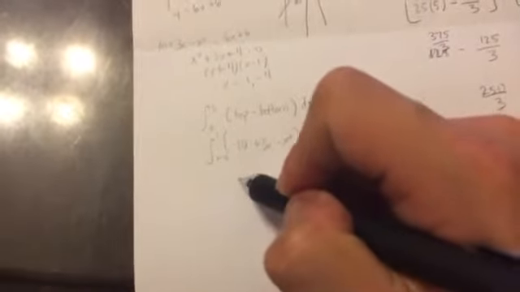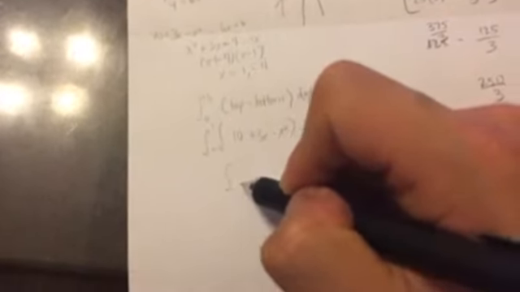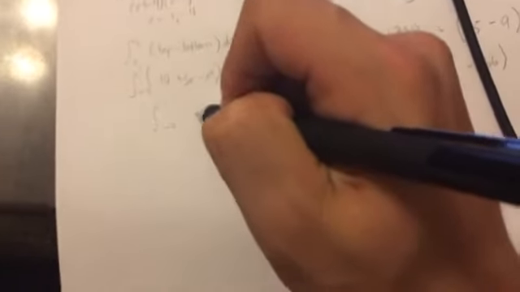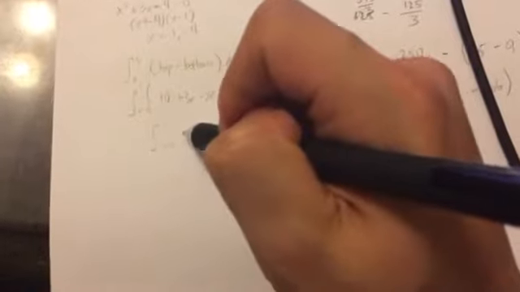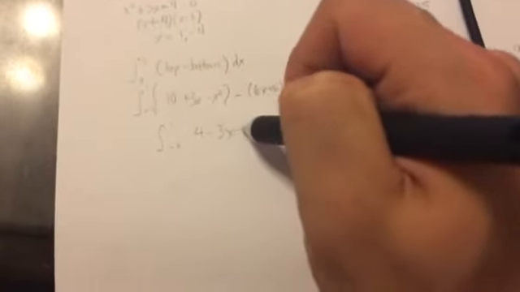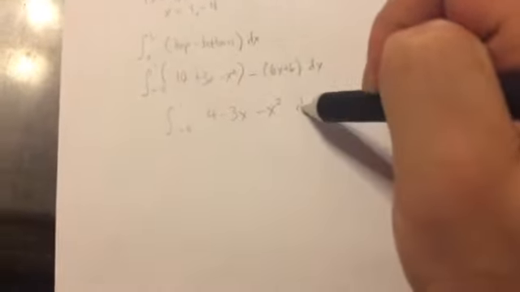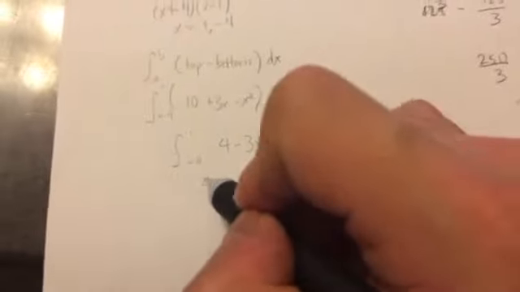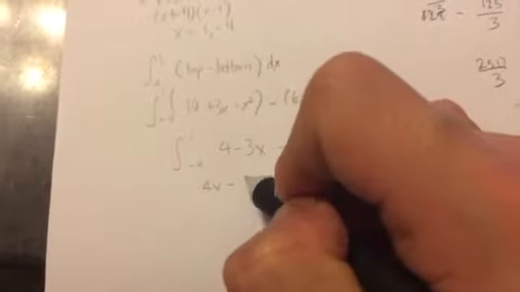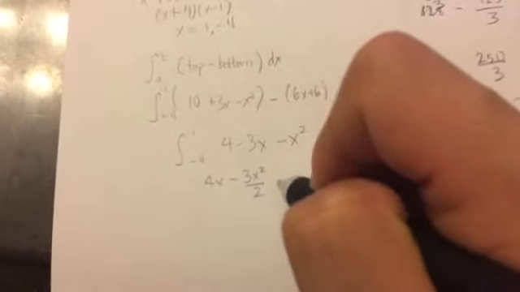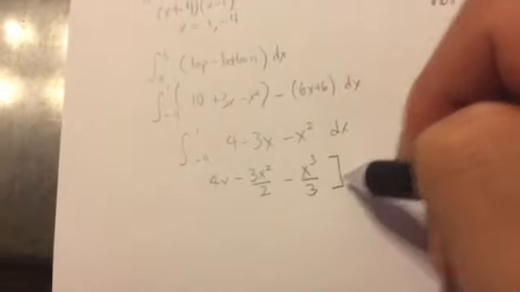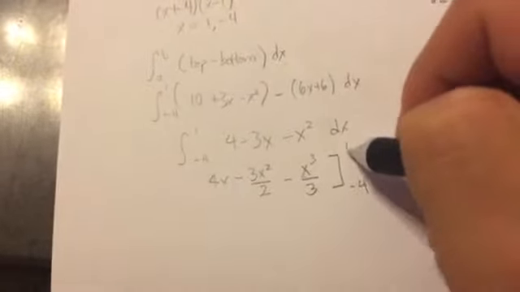And when you solve this out, you get the integral from negative 4 to 1 of 4 minus 3x minus x squared dx. Then from here you can take the antiderivative, which is 4x minus 3x squared over 2 minus x cubed over 3.